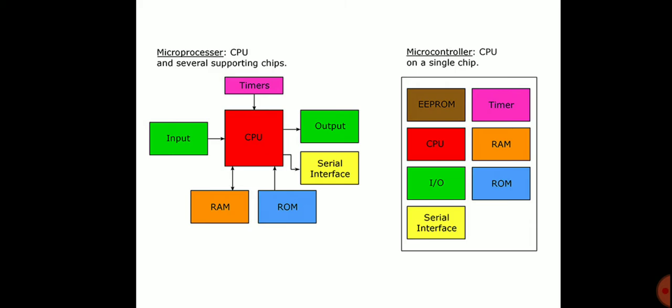The CPU is an individual integrated circuit, and the timer, the input and output devices, the serial interfaces, and a separate RAM and ROM are memory devices. Here, the microcontroller is a single chip with a built-in CPU, input output ports, serial interfaces, memory spaces, that is RAM and ROM, timer and control circuits.